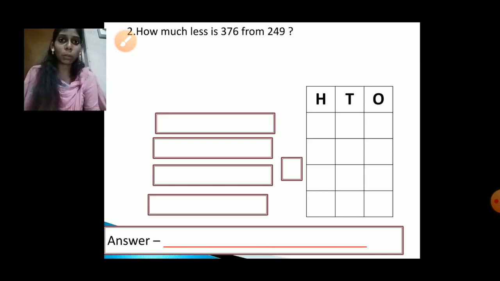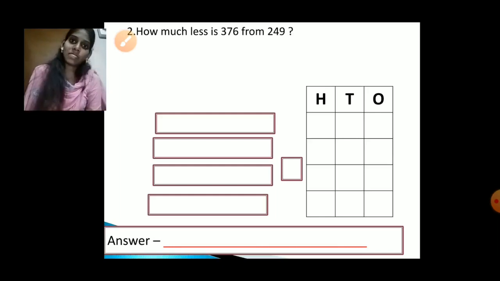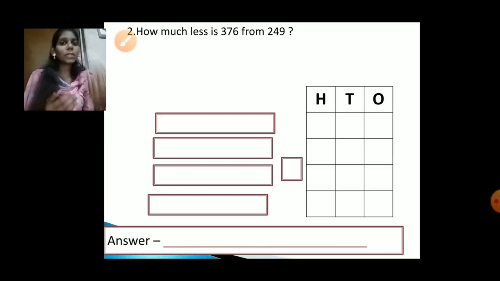Read the question properly. Understand the meaning of the question, and then you have to solve the sum. Right? So keep these three steps, which are very important. First, read the question properly, then remember the steps, and then solve the sum. Okay? So practice at home. Okay? Do practice.